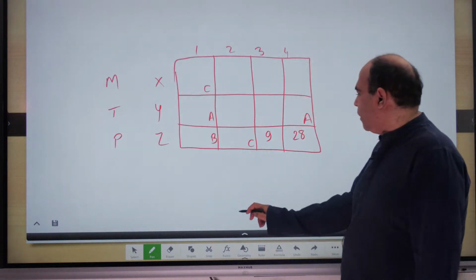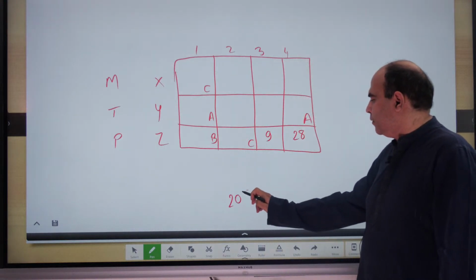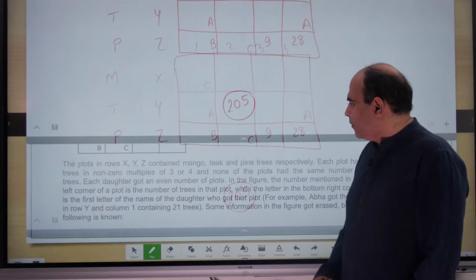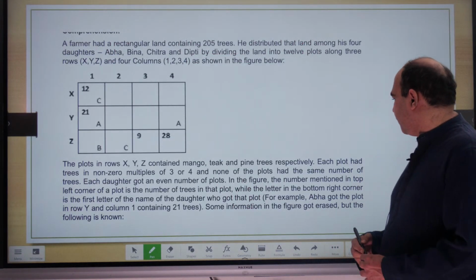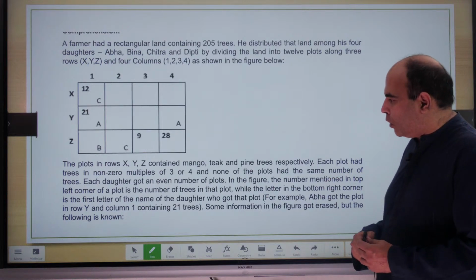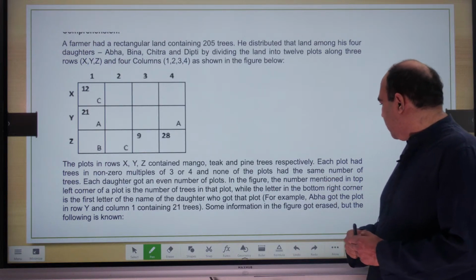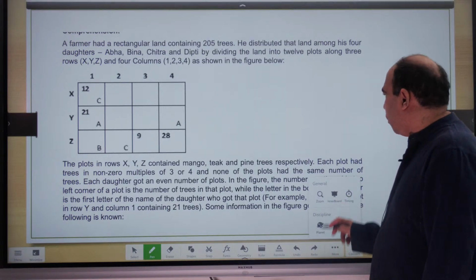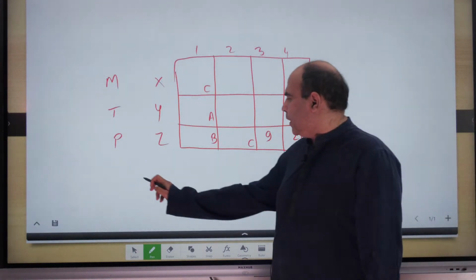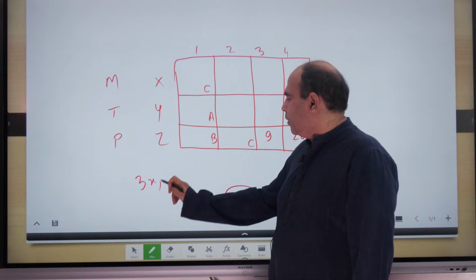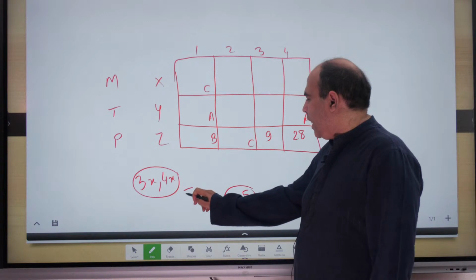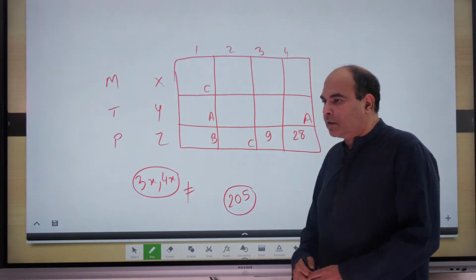Two, there are a total of 205 trees. And three, each plot had a number of trees that is a multiple of 3 or 4, and no 2 plots had the same number of trees.